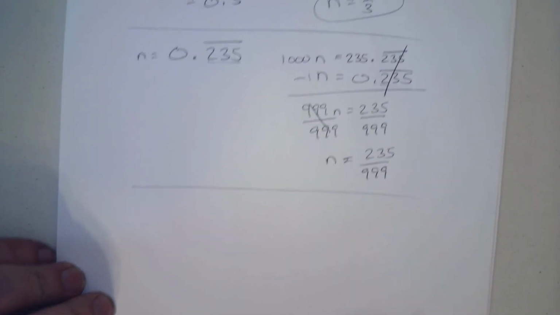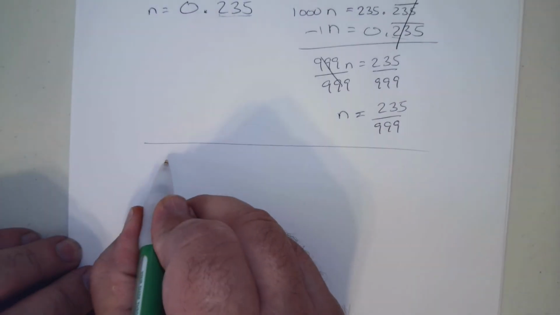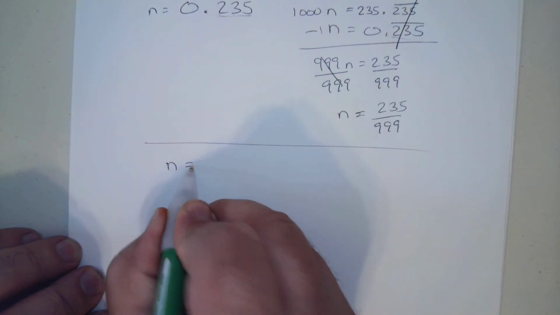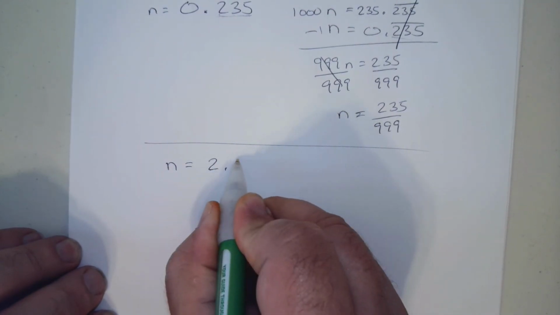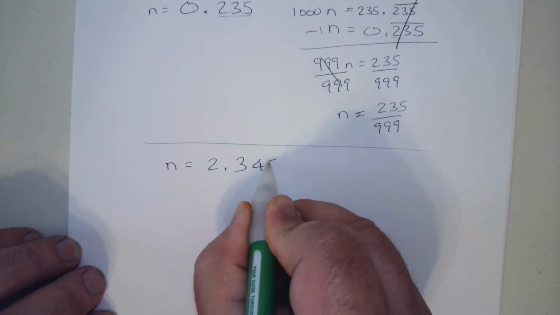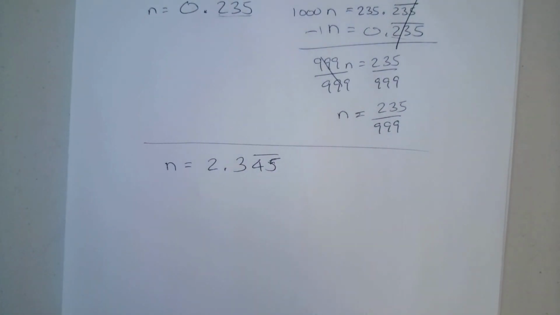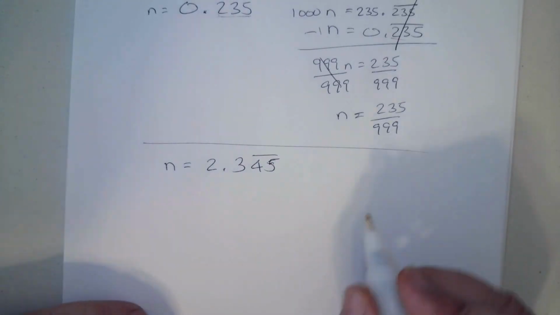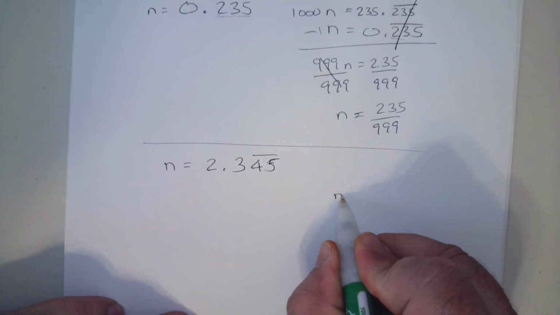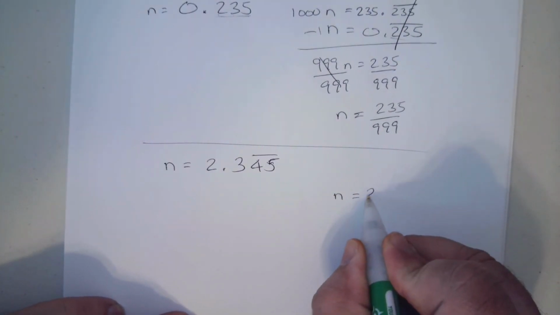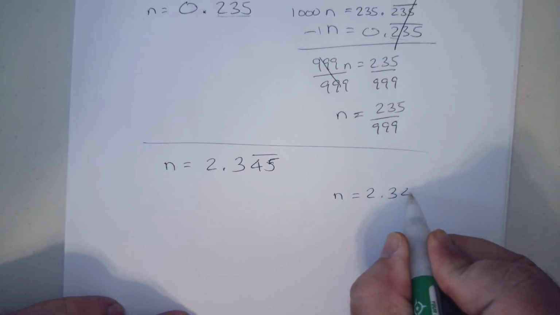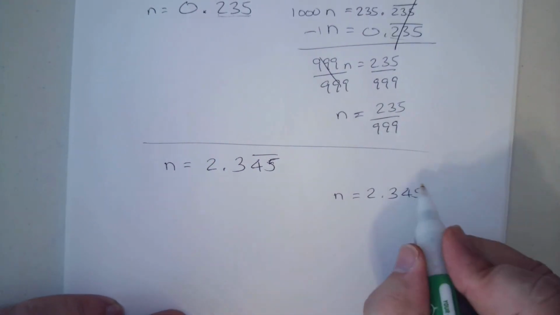Alright, now a more complex one here. Let's say the n I had was 2.345, and only the 4 and 5 repeated. So n is equal to 2.345, and those repeat.